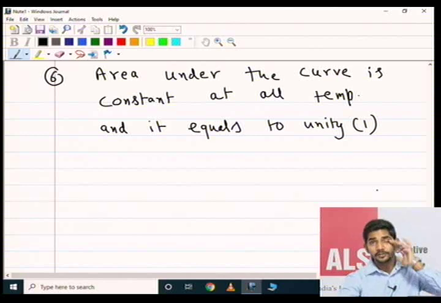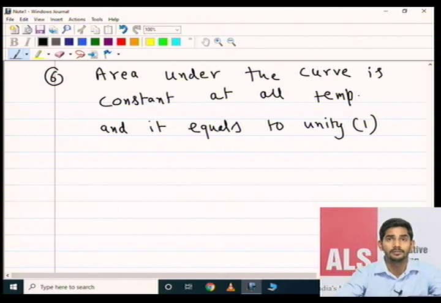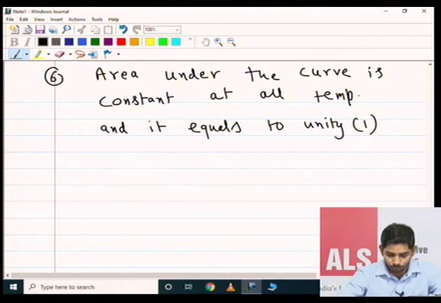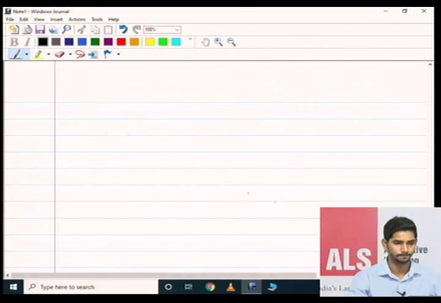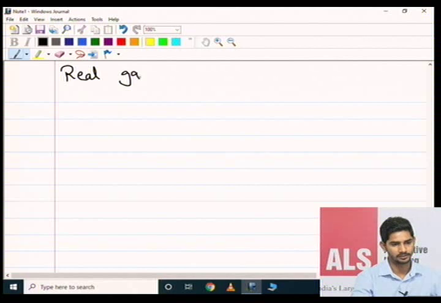So guys, we have discussed all about the ideal gases. Now, can anyone please tell me the name of any ideal gas available to us? We have finished the ideal gas. Now we have to move on to the real gas. Real gas means non-ideal.